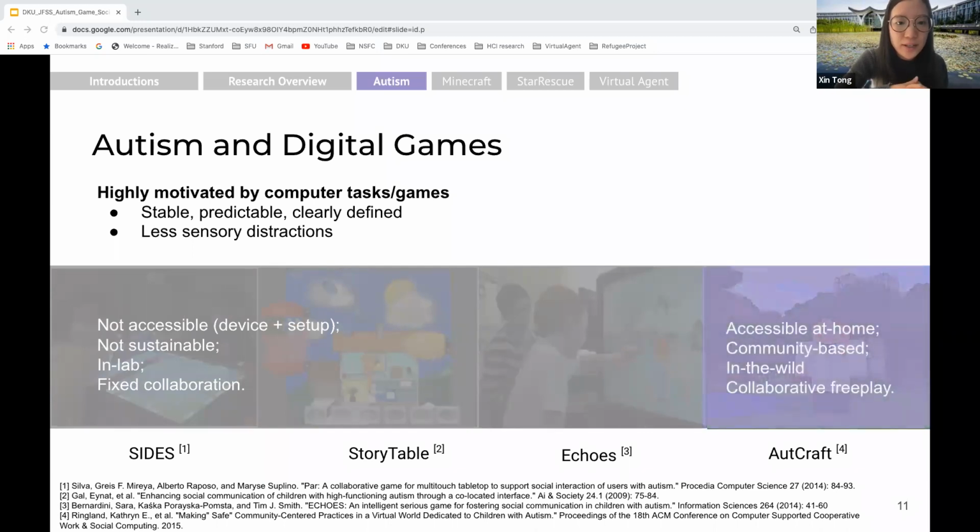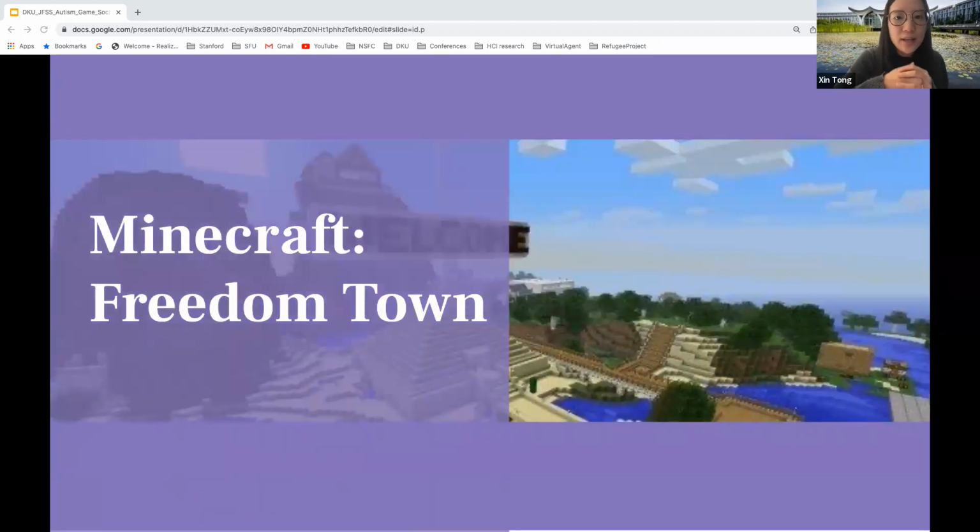So in short, a Minecraft-based game is more like an online social scenario, and it's more accessible in home settings. It has a larger community of different social groups, and players can play and interact with the game freely without any restriction. So that's how Minecraft inspired my first pilot work in autism.